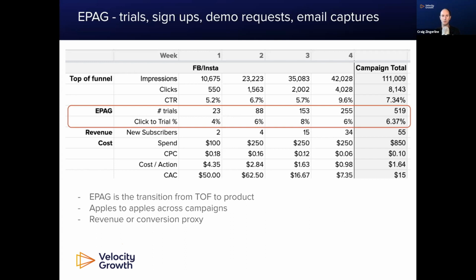Well, it's really hard to predict revenue. You need to understand what those leading indicators of that revenue are going to be. And this is the most simplistic view of that. If you know that you can effectively get trials and you understand what that trial to paid conversion looks like, chances are you can predict downstream what's going to happen with those metrics and with revenue as you go.